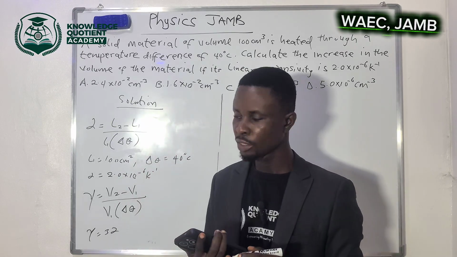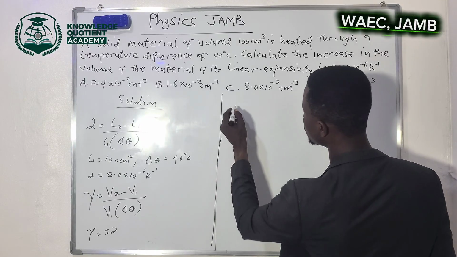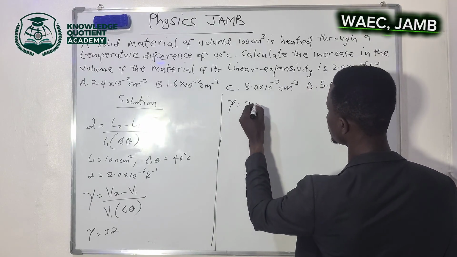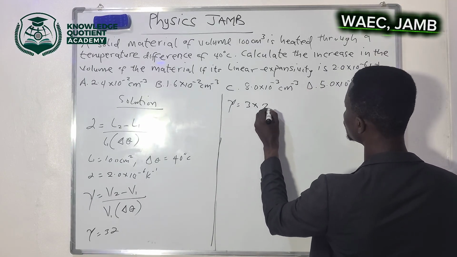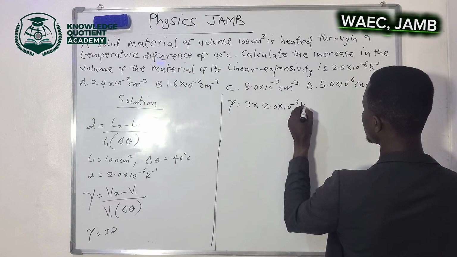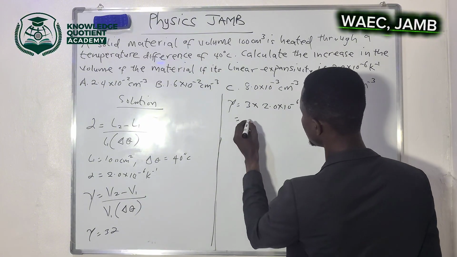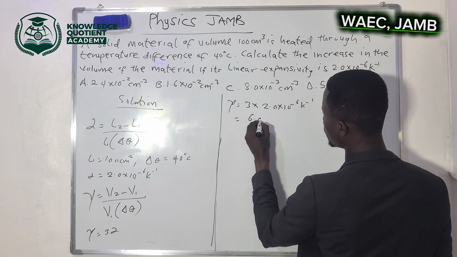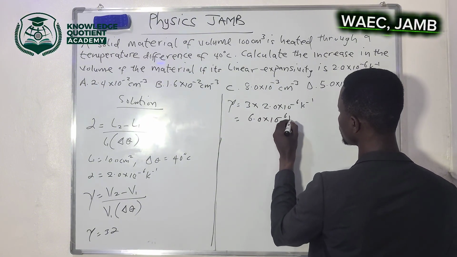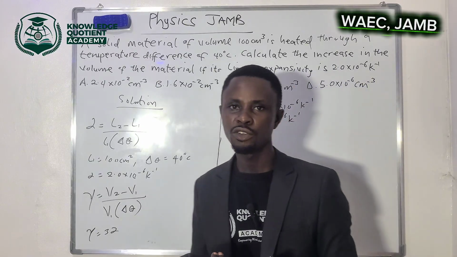Remember, we're dealing with volume. So 3 times 2.0 times 10 raised to power minus 6 per K. If I multiply this, it gives me 6.0 times 10 raised to power minus 6 per K. This is our cubic expansivity.